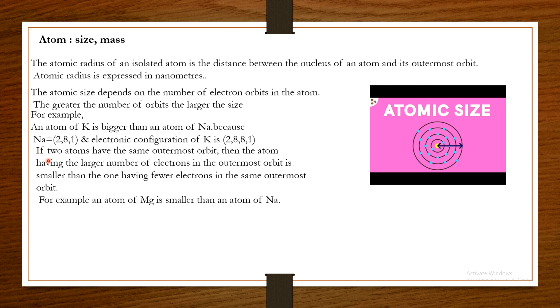Now if two atoms have the same outermost orbit, then how to compare them? For example, take magnesium and sodium. Here we know that the atomic number of magnesium is 12, and that of Na is 11. So we can write the electronic configuration of sodium as 281, and magnesium as 282.